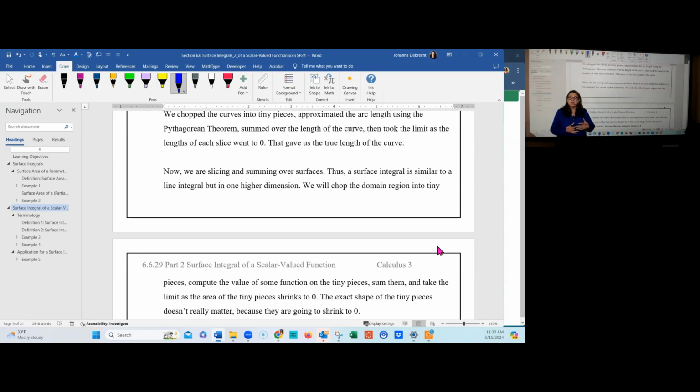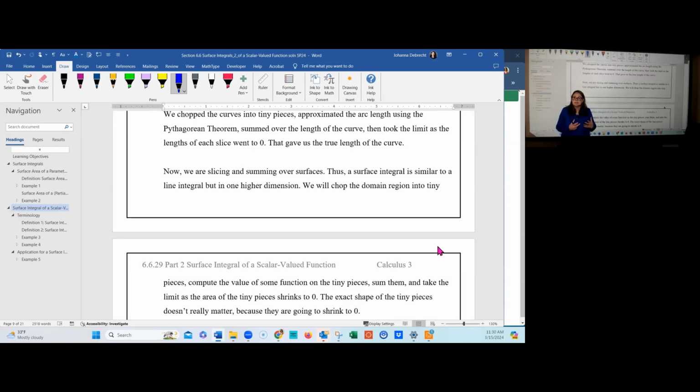In that case, we need to integrate the function over the surface. So again, we're going to cut it up into tiny pieces, and we're going to find the little area of each little piece and multiply that by the function value. The problem is, even though it really doesn't matter for a surface integral what shape those tiny pieces are, they could be circles, they could be trapezoids, they could be rectangles, they could be whatever we want.